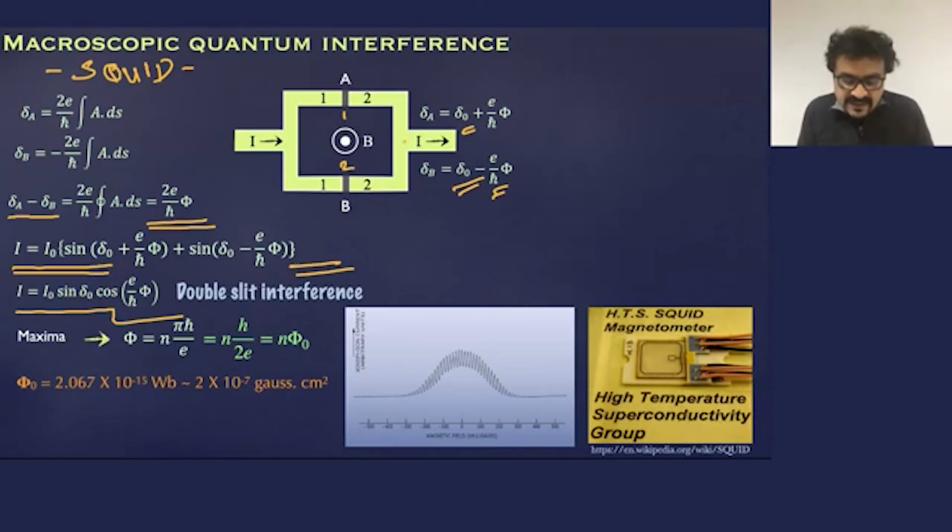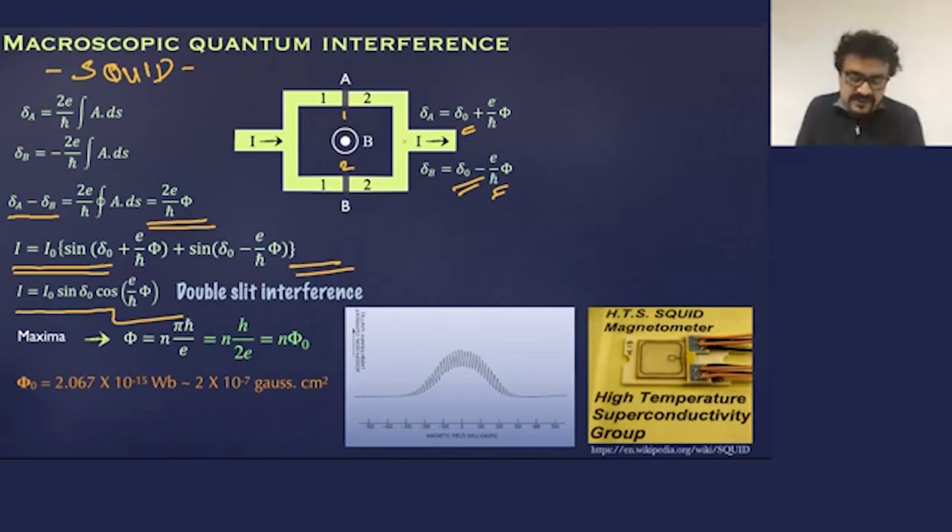If you look at this formula, it is very similar to Young's double slit interference formula, where you have a fast oscillating term, e by h bar, which is a very small term, and also a slowly varying term, delta 0.